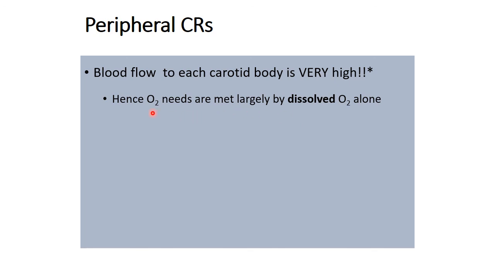So with peripheral chemoreceptors, the physical blood that goes through the receptor is so high that just the dissolved oxygen is enough to provide the need of these small organs. In other words, they derive their oxygen needs from the dissolved component of the blood, not the hemoglobin bound component of the oxygen.